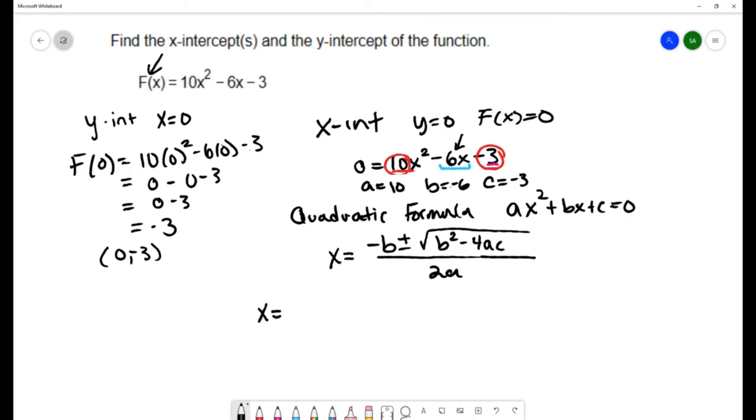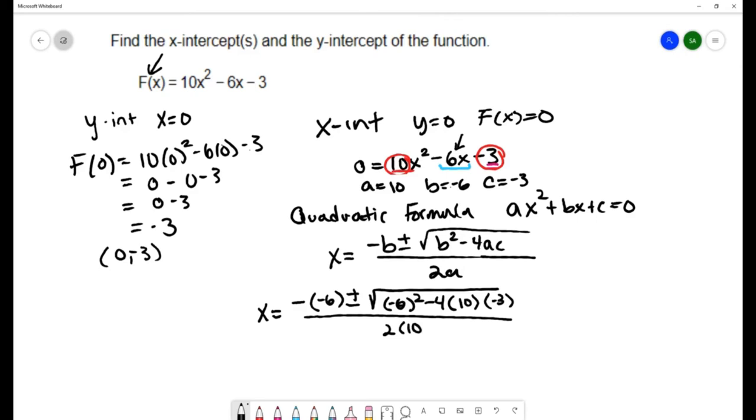So we have -b, a negative in the formula, and b is a -6, plus or minus the square root of -6 squared minus 4 times a is 10, times c is -3. And this is all over 2 times a, and a is 10.